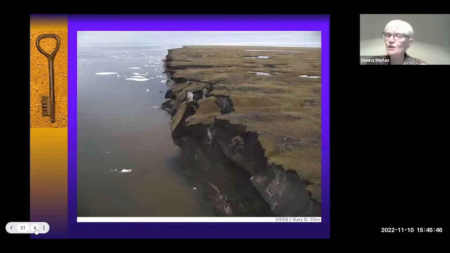So this is erosion. And erosion here is happening in Alaska. And it's happening because the permafrost isn't staying frozen. And you've got icebergs and ice that are melting. So I've only got small patches of ice up at the top of that image.